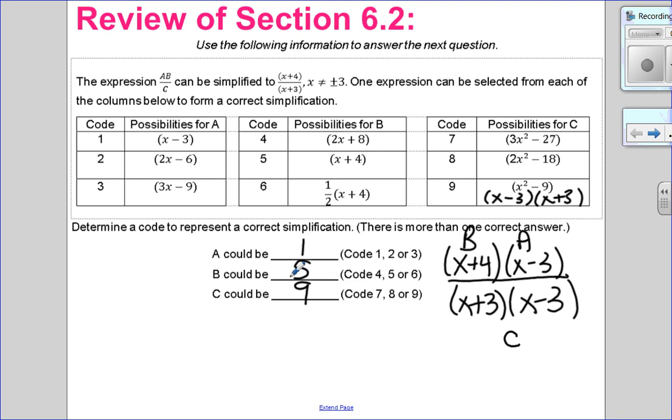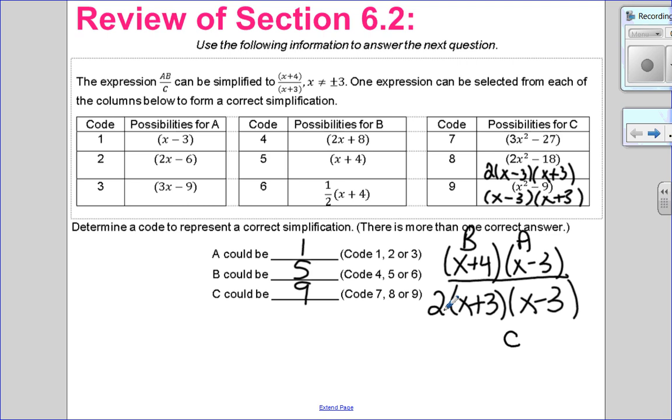But let me show you just another one. If I look at the option for c above here, notice that x squared minus 9 is doubled, so I know that this really factors as 2 times x minus 3, x plus 3. So let's add on a 2 there. So if that was a possible denominator, that means I need a factor in the numerator that is also doubled.